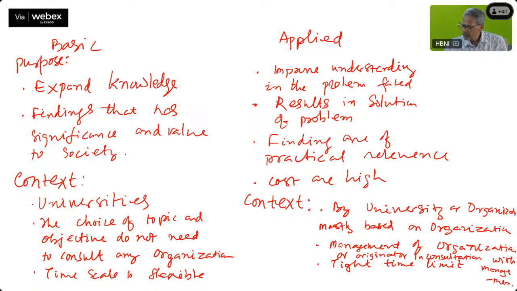If you are doing basic research, then you don't have to consult with organization. You can set your own objective. But if you are working on applied research, then the researcher has to consult with management to set the objective, because this involves money. Applied research requires a lot more money.